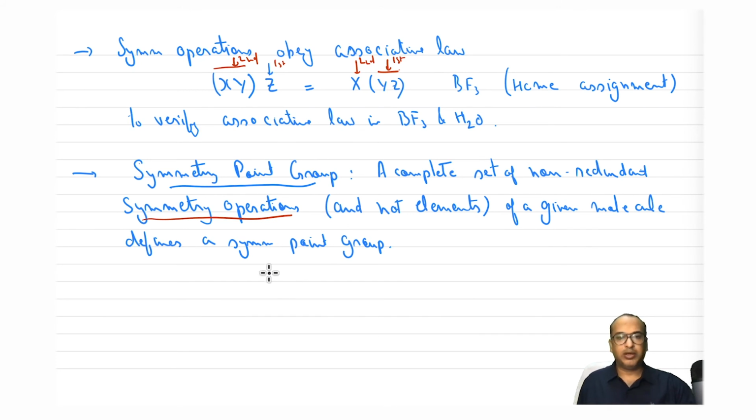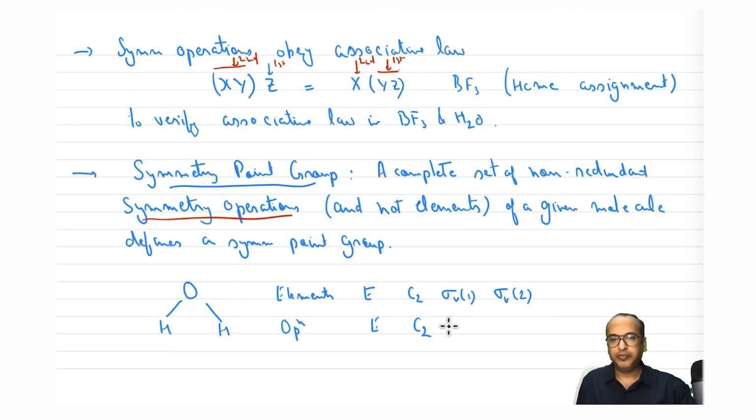Okay, so for example, if we take the example of the water molecule, the symmetry elements and thus the operations, we'll list out both. We have seen this earlier. So elements are E, C2, sigma V1 and sigma V2, right? And the corresponding operations are E, C2, and C2 square will be equal to E, so we'll not consider that.